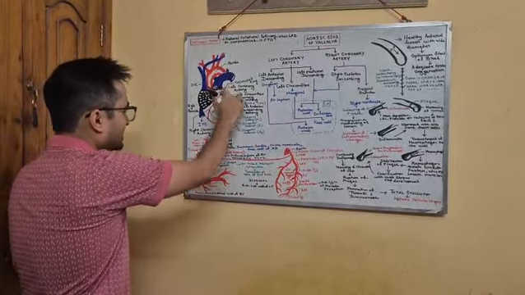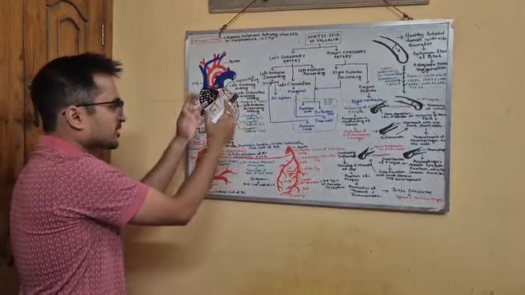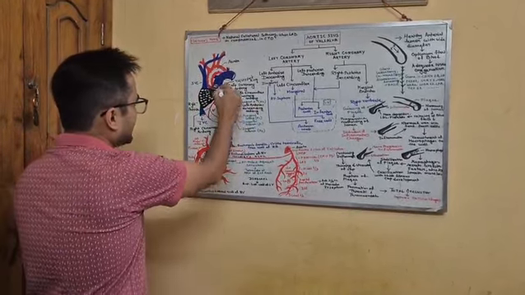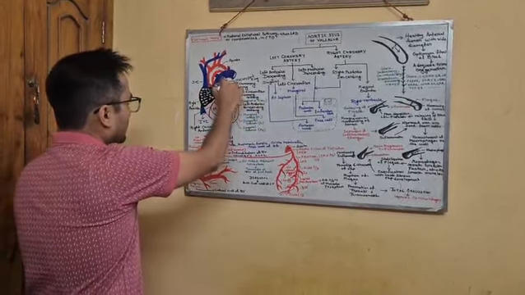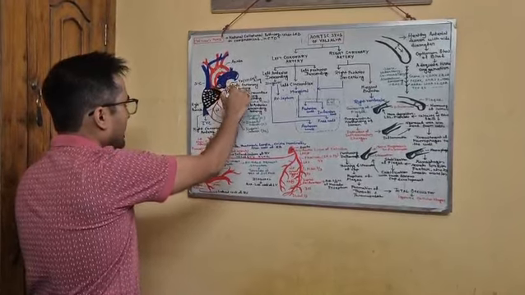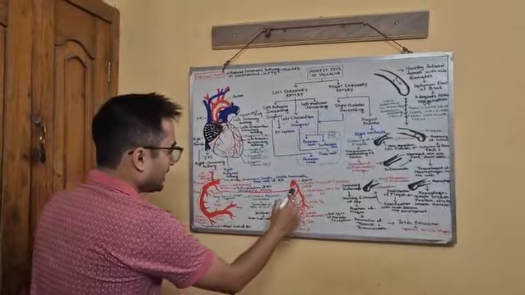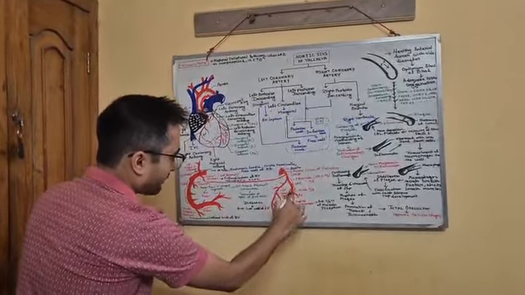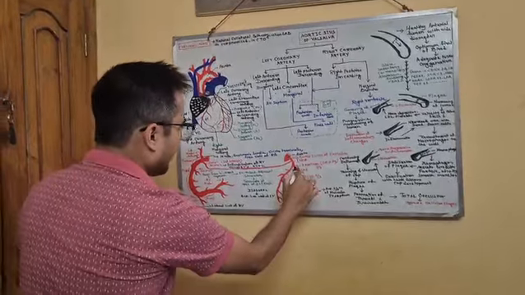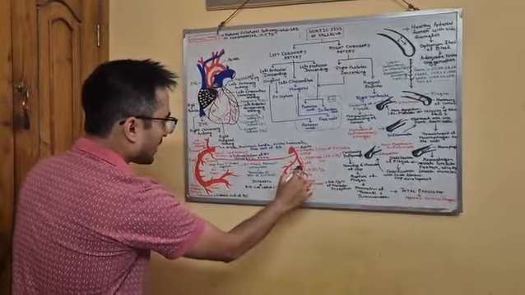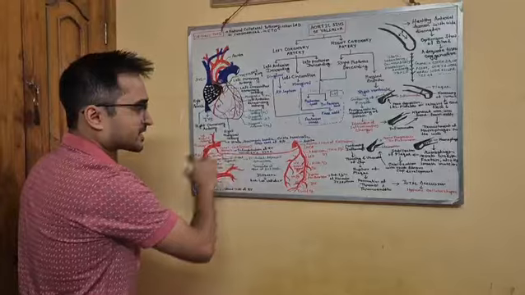As this diagram suggests, it is much more branched, and this part is known as our left main coronary artery. The left main coronary artery bifurcates into the left anterior descending coronary artery and the left circumflex artery.